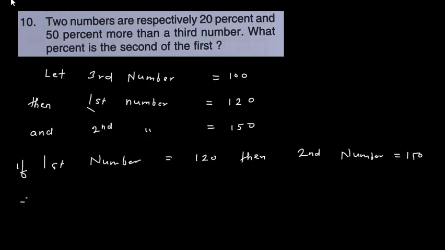So therefore if the first number is 100, then the second will be 150 divided by 120 multiplied by 100, isn't it?